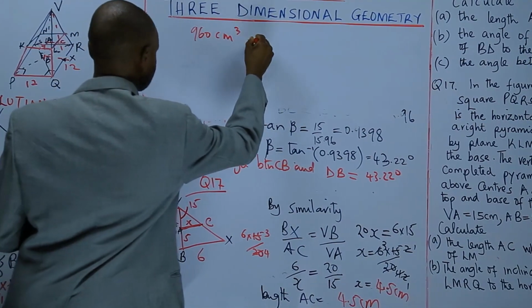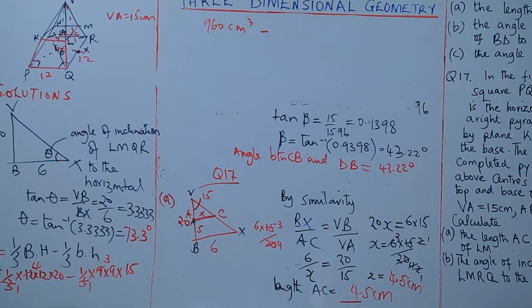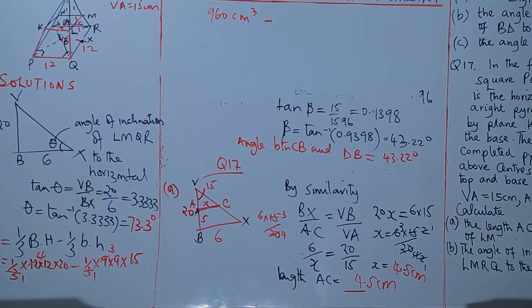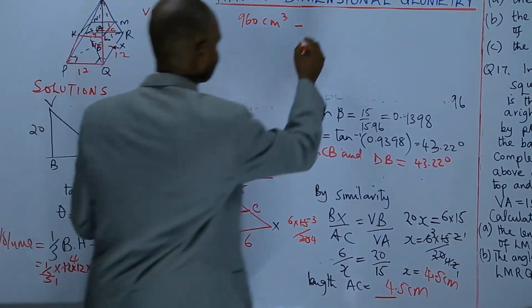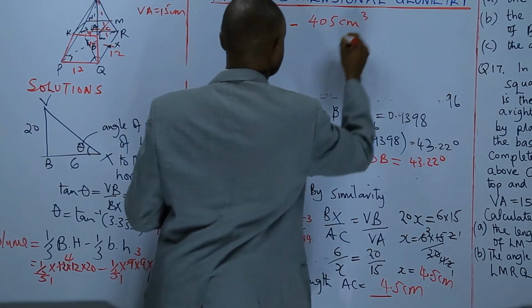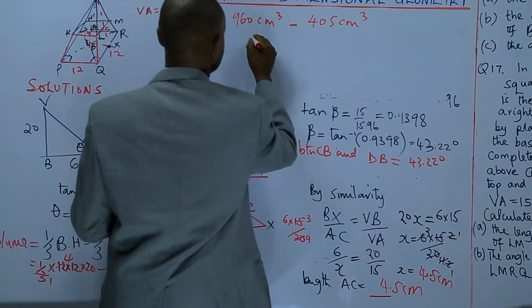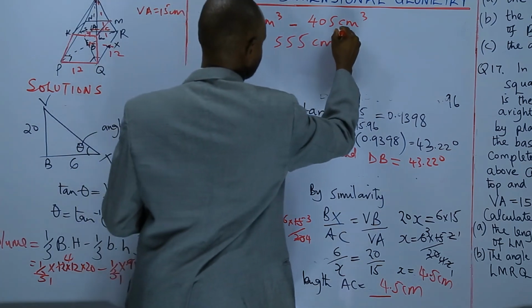Subtract. This is 27 times 15. You get 405 cubic centimeters. You subtract these, you'll get 555 cubic centimeters.